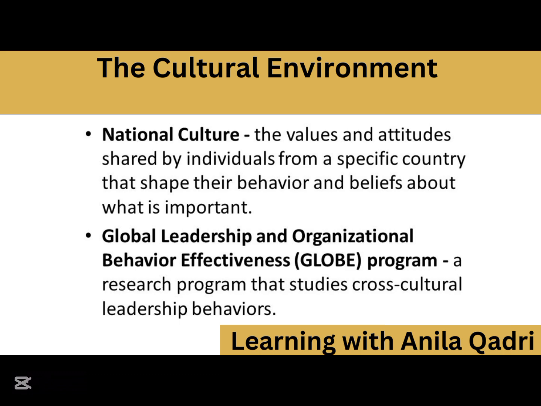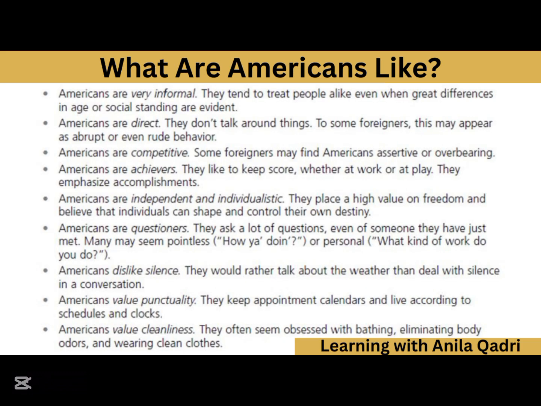What are Americans like? Americans are very informal. They tend to treat people alike even when great differences in age or social standing are evident. Americans are direct. They don't talk around things. To some foreigners, this may appear as abrupt or even rude behavior.